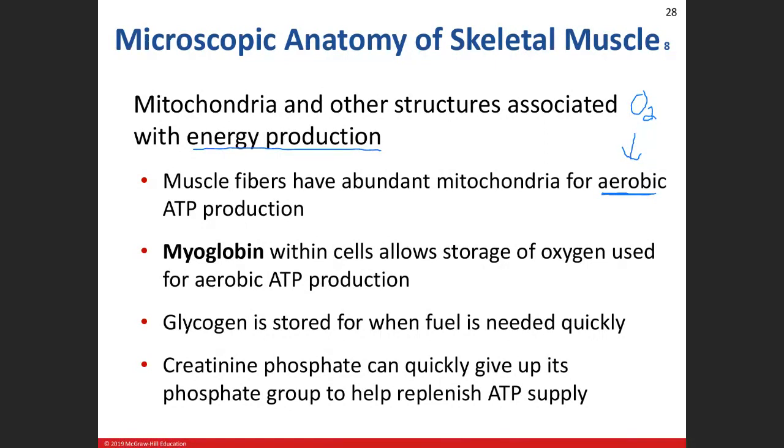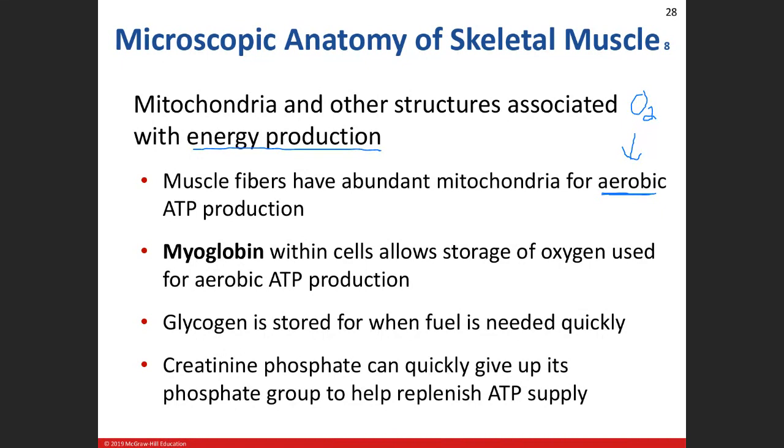For example, one glucose molecule with aerobic cellular respiration yields 32 ATP. One glucose molecule with anaerobic cellular respiration yields 2 ATP. So you can see the importance of oxygen here. Well, in our blood, we've got a special protein that carries oxygen. It's called hemoglobin.